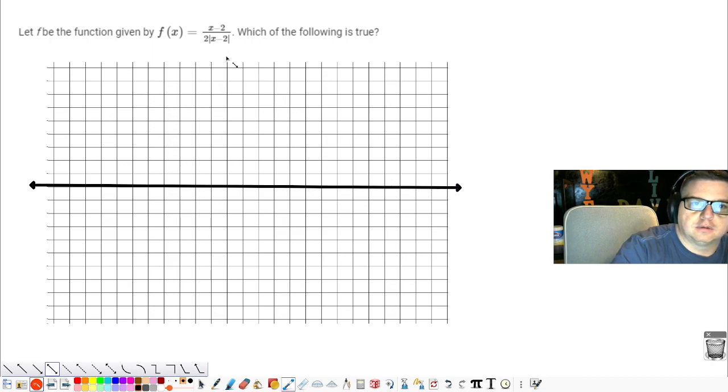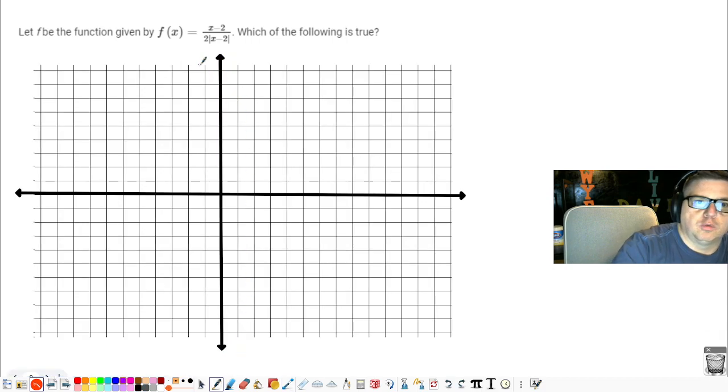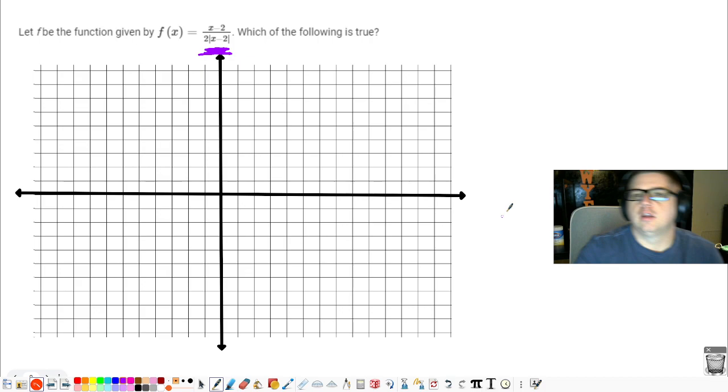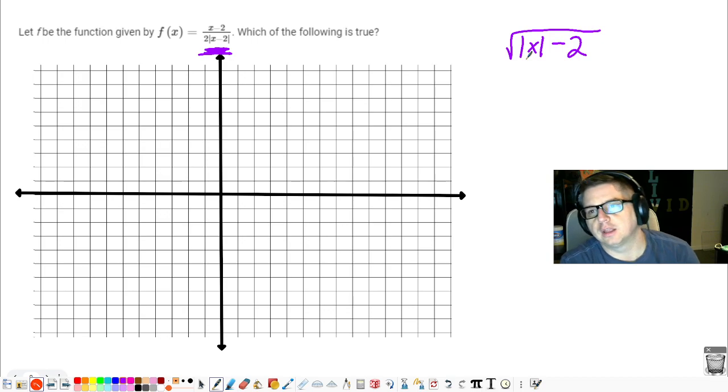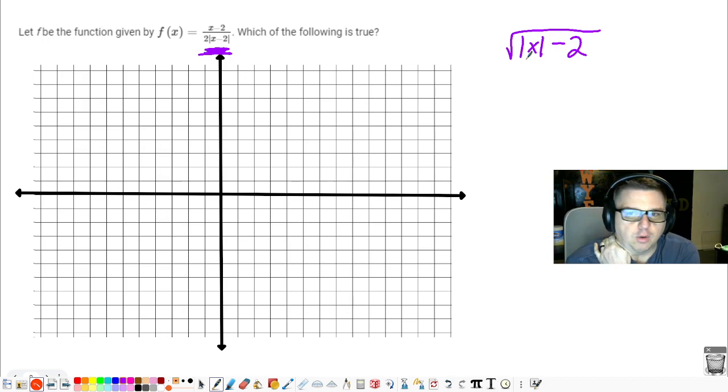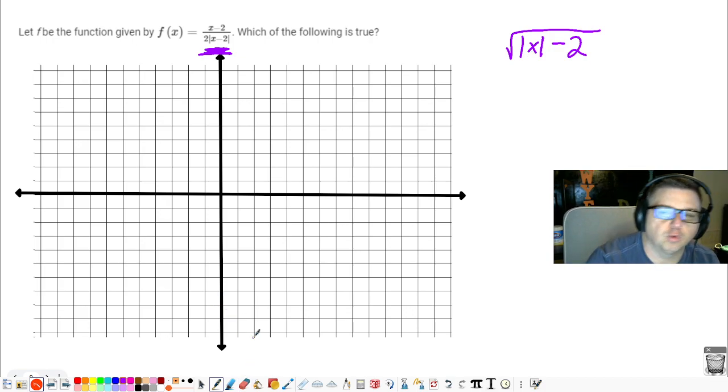This is an ever popular AP exam question, which is different than the one that I discussed. It was a wild problem, where we were trying to discuss continuity, and of course it was at 2 that was the value we were looking at, and it made it really tricky, really interesting, and really made you think about what it means to be a limit.